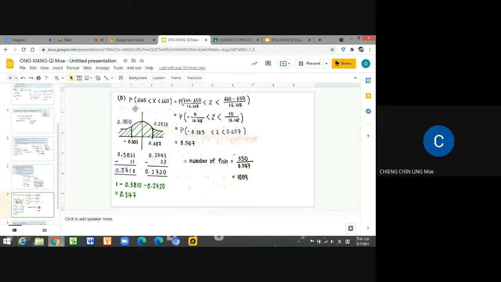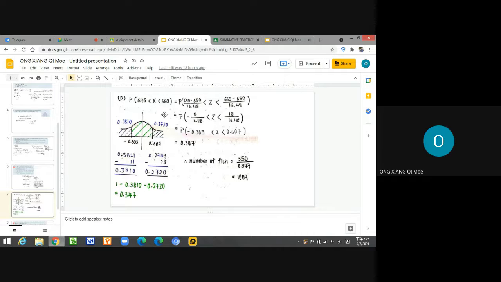The question states that there are 350 fish that have masses between 644 grams and 616 grams, so the two S values are 645 and 616. From the previous question, we have found that the standard deviation is 16.48 and the mean is 650.